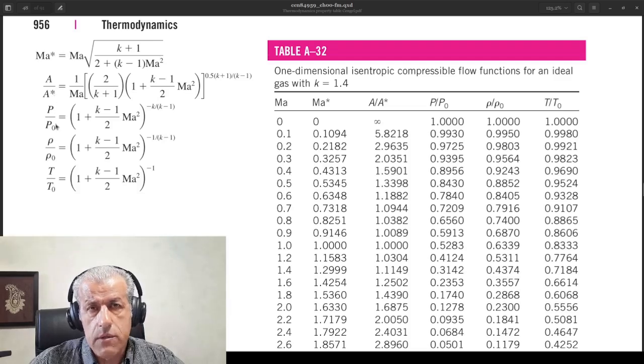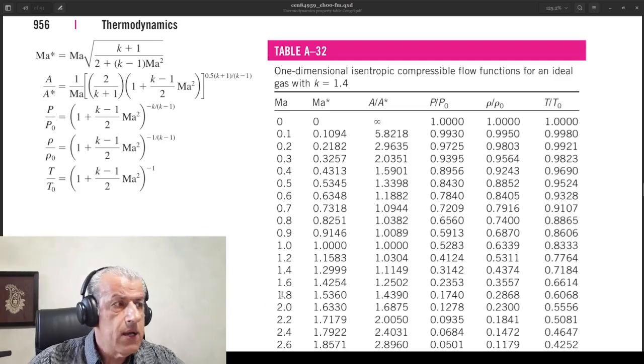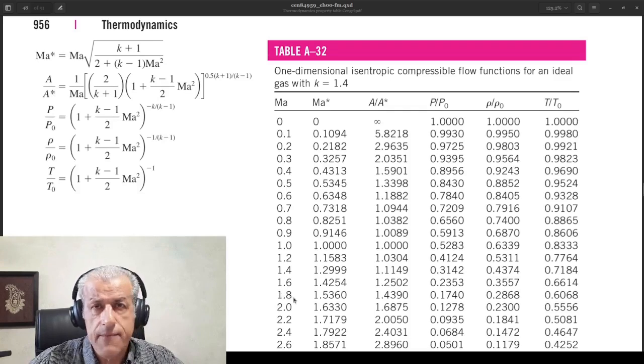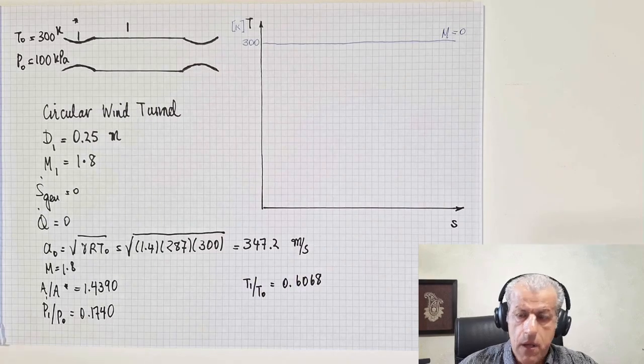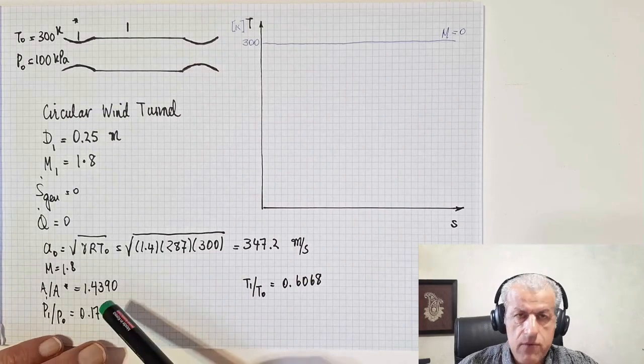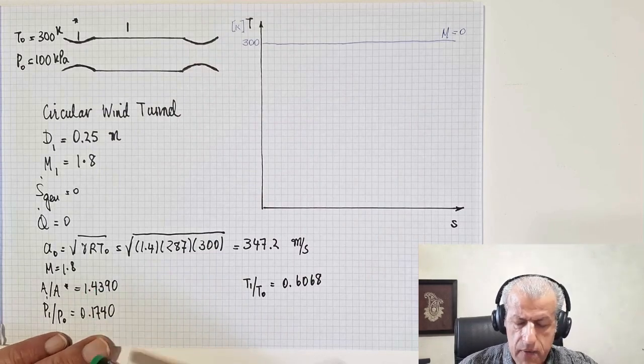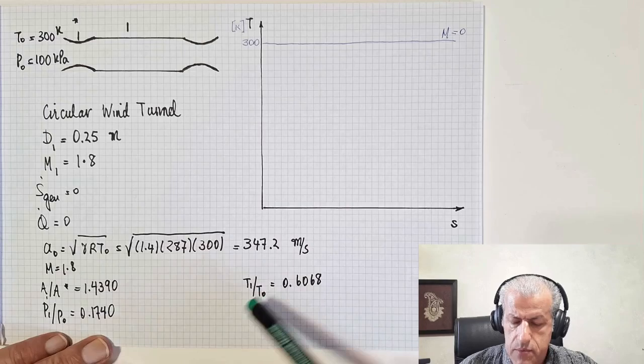What I do now is to select the row for 1.8, where it tells me that A over A star is 1.4390, P over P0 is 0.1740, and T over T0 is 0.6068.